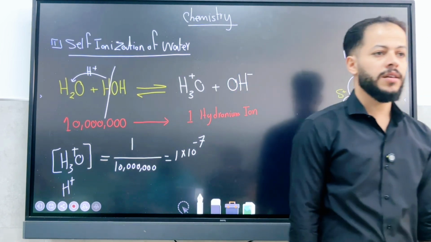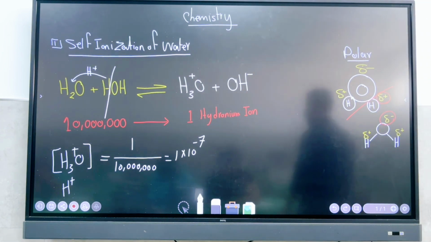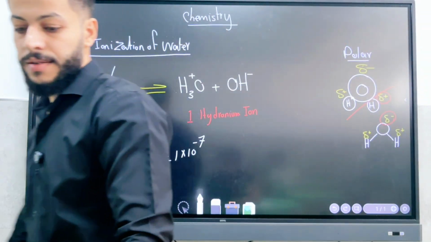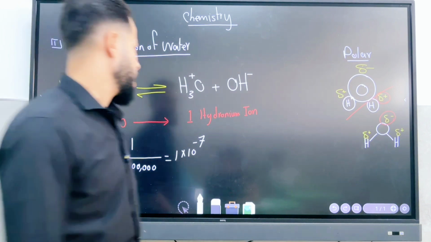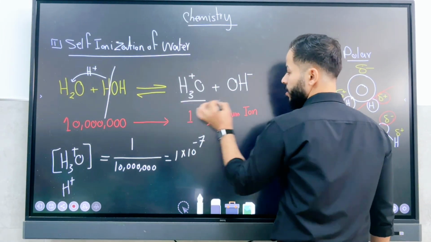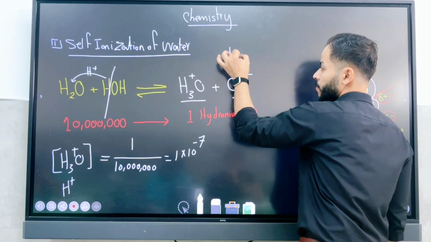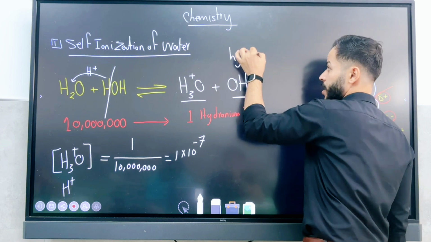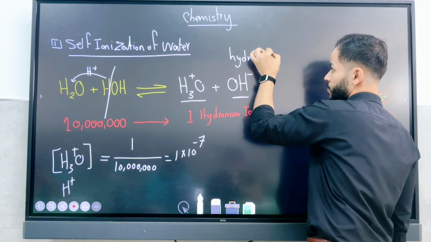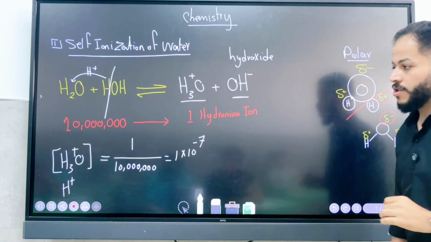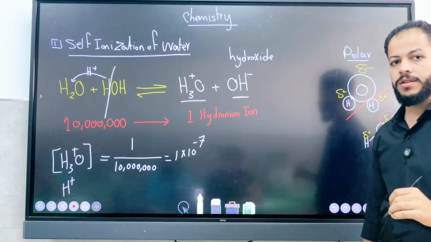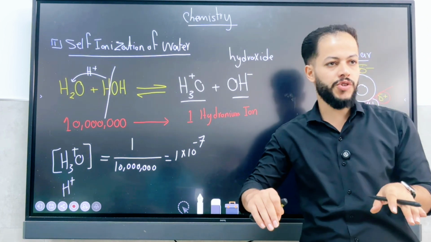And we know that the water molecule is a neutral compound, right? So we call this the hydronium ion, and what do we call this? Hydroxide ion. It is negatively charged. So if the water is neutral, this means they have equal concentration, right?